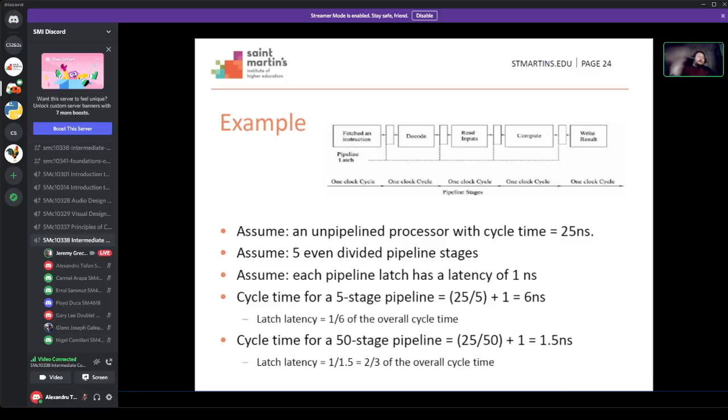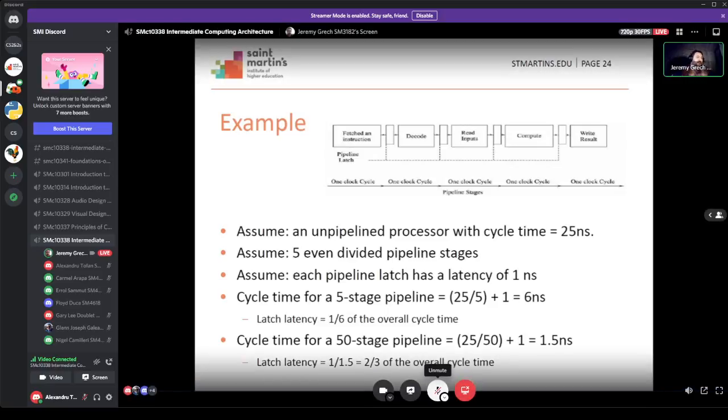On the other hand, if you have too few pipeline stages, then each clock cycle is going to be much longer, and any stall that you might have within your pipeline is going to be more significant. Do you understand? So it cuts both ways. Sometimes you need to find a balance.